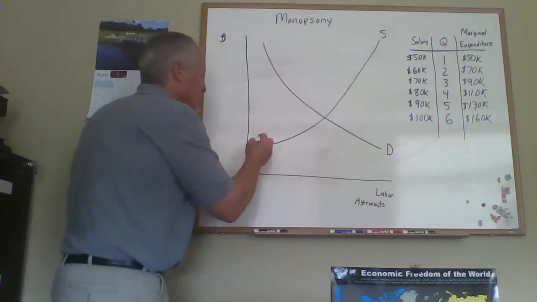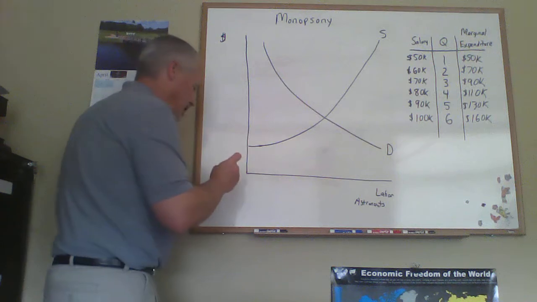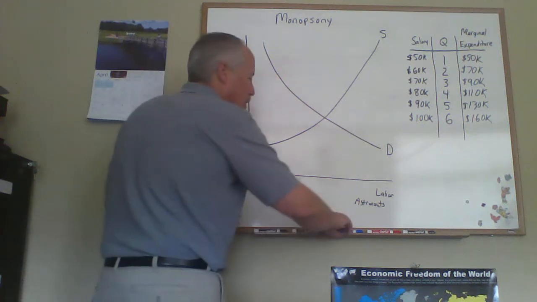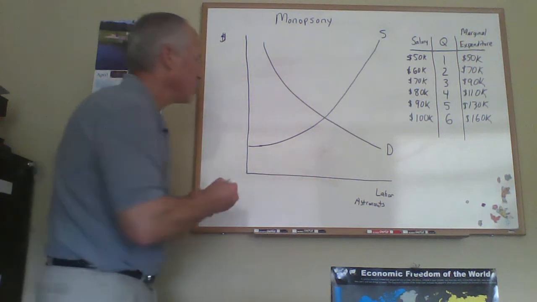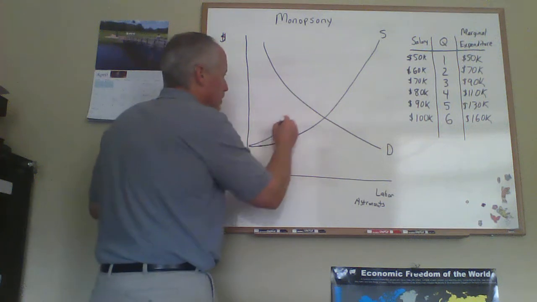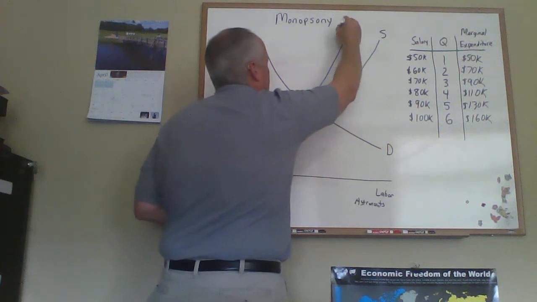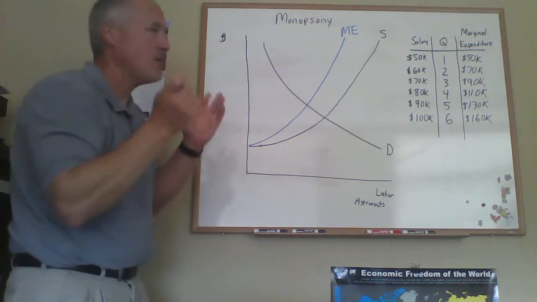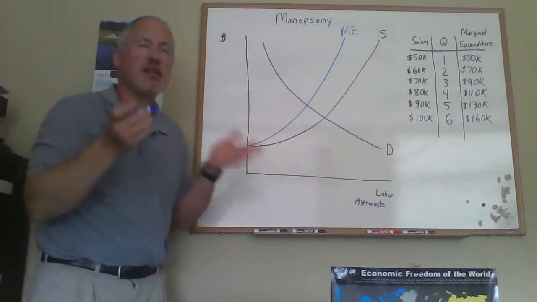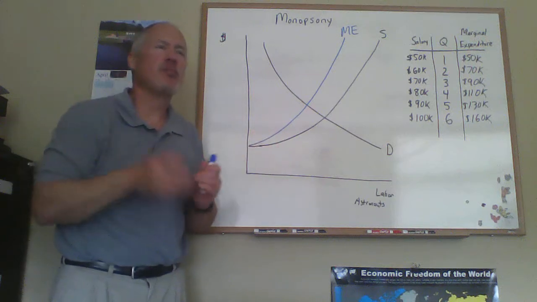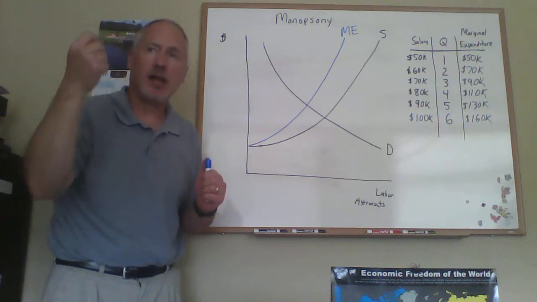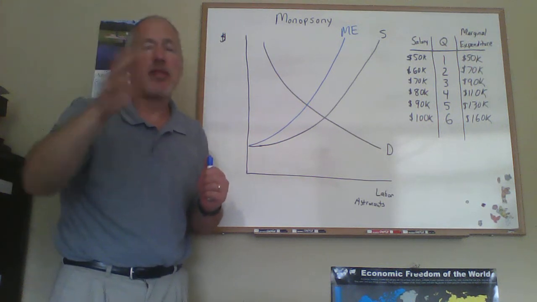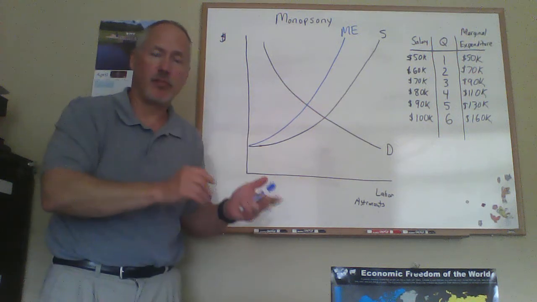So if we continue this supply curve over here to the axis, when we go to graph the marginal expenditure curve, it would look something like this. And again, that's marginal expenditure. So you see that there's something at least somewhat parallel to what we had with monopoly. On the monopoly side, we had the marginal revenue, and that was a deviation from the demand curve.